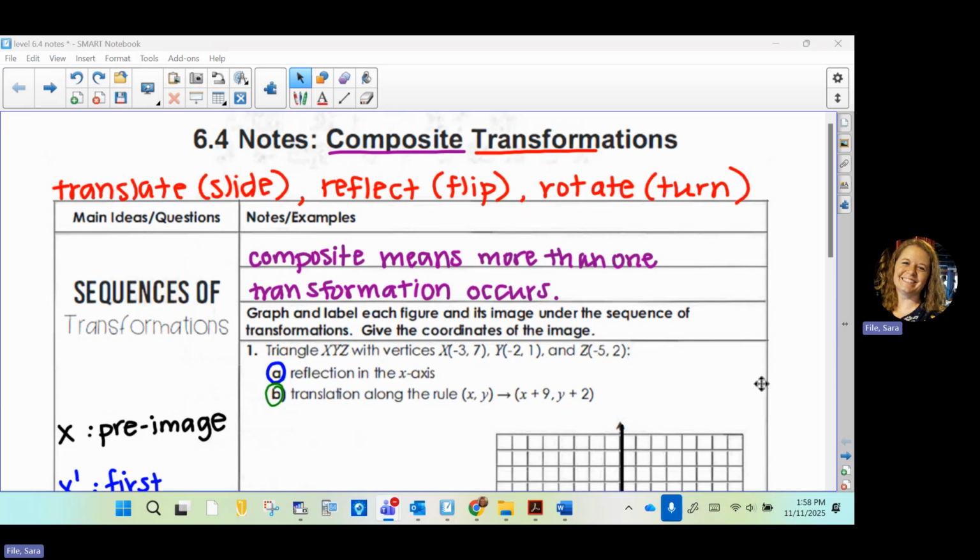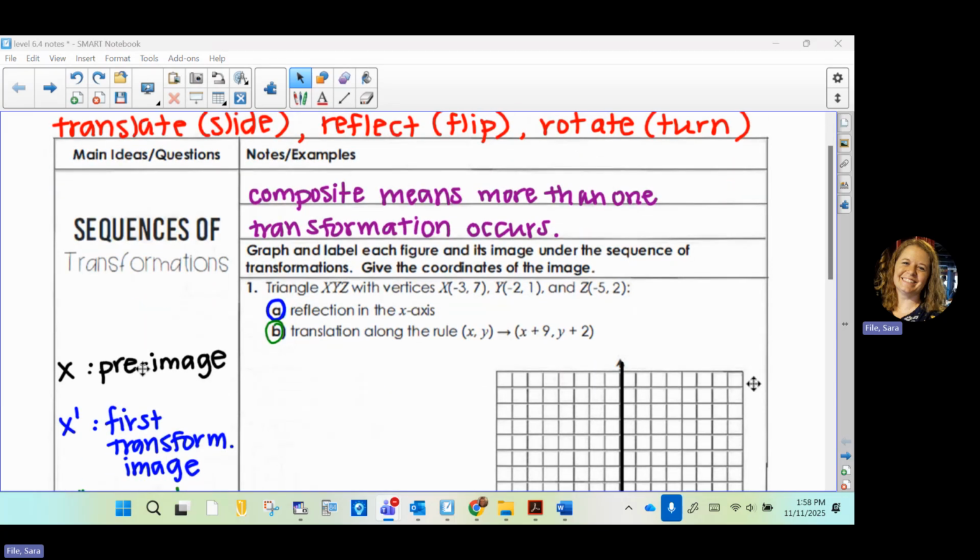So what I want you to write out to the side here is a reminder that what we start with is the pre-image. Then we use the prime marking, remember, to indicate that something has changed.